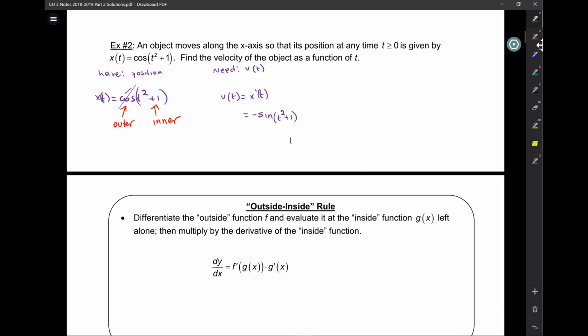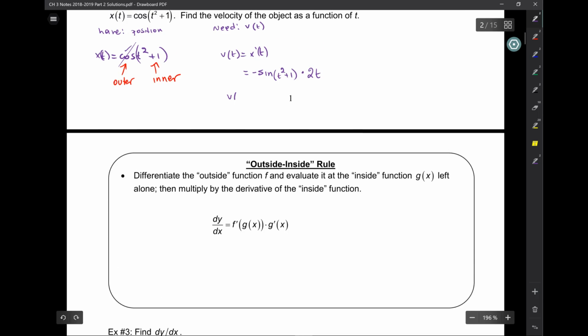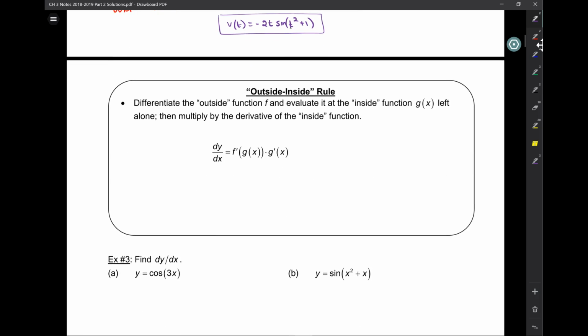So far, we're starting with the little baby ones. Things get complicated. This is only a 2-link chain. You might have a 3, 4, 5-link chain, okay? Times the derivative of the inside, which will be 2t. Good. So now, v of t is equal to negative 2t sine of t squared plus 1. Okay? Alrighty. Okay.